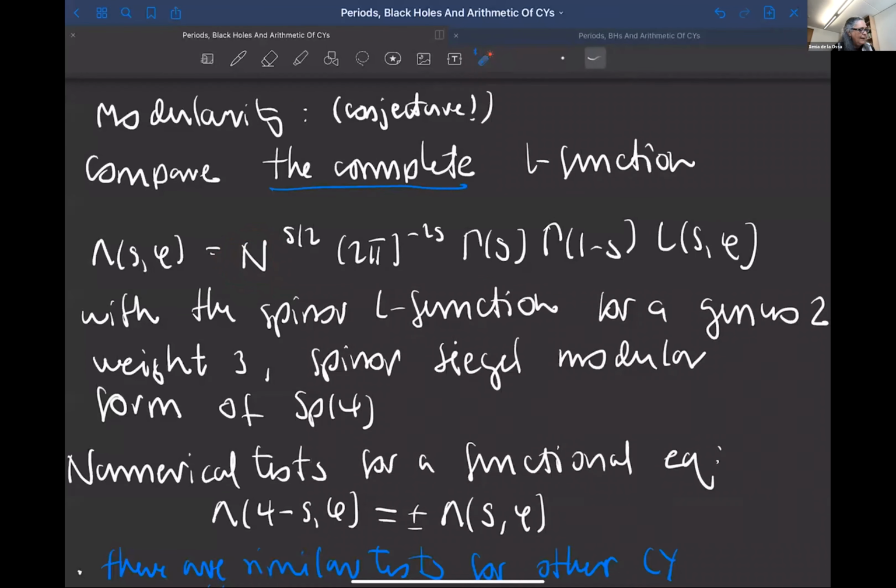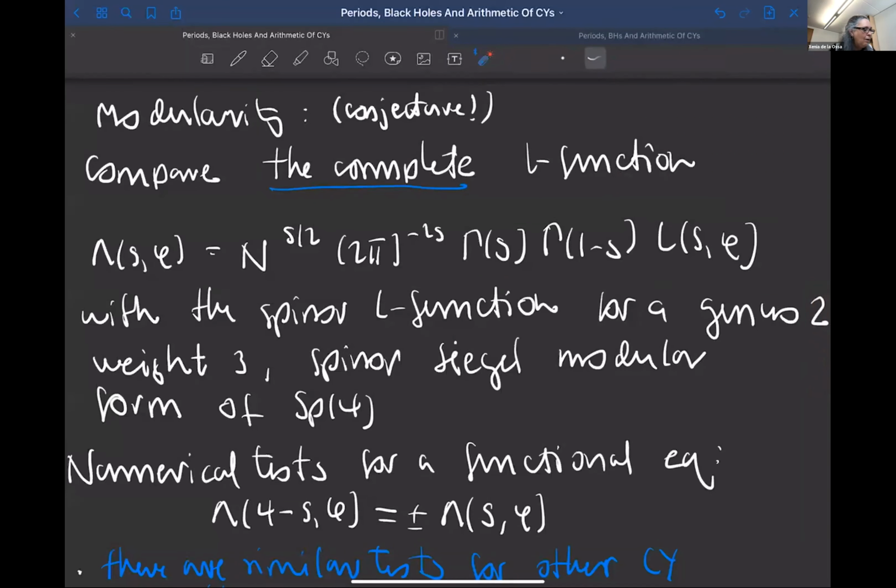And the conjecture for the quintic, at least, is a mouthful that makes me break into a sweat when I say it: one wants to compare this with the spinor L function of a genus 2 Siegel modular form of the Langlands dual of Sp4. So I cannot even begin to explain what this is.